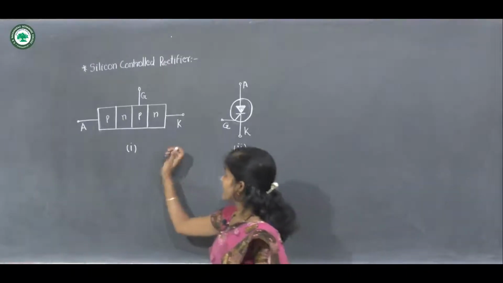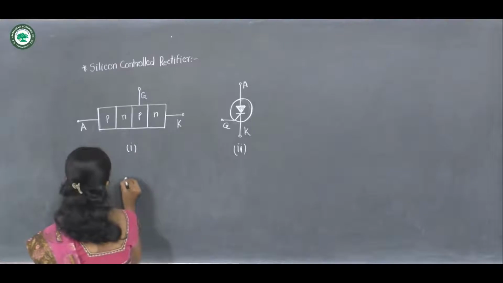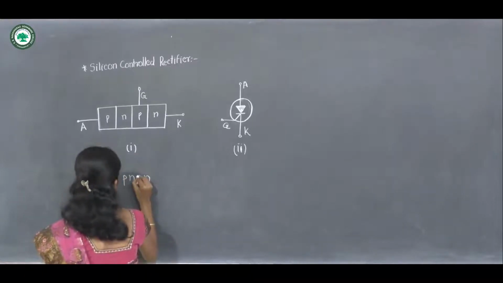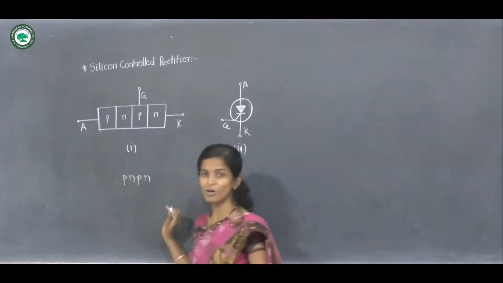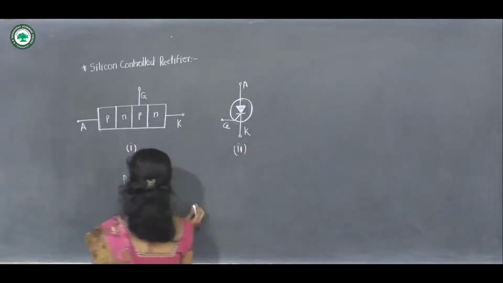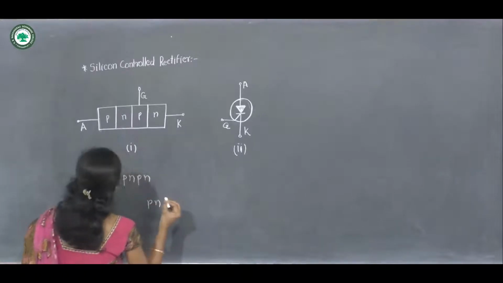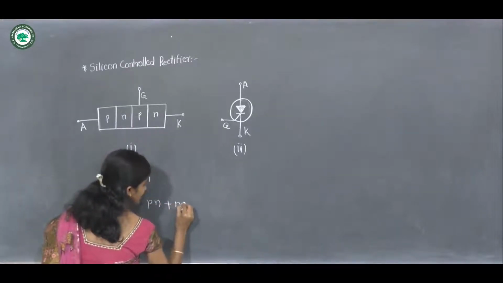device. As in this figure it shows it is PNPN device, or it is visualized as the normal rectifier plus NPN transistor. Normal rectifier as a PN junction plus NPN transistor.